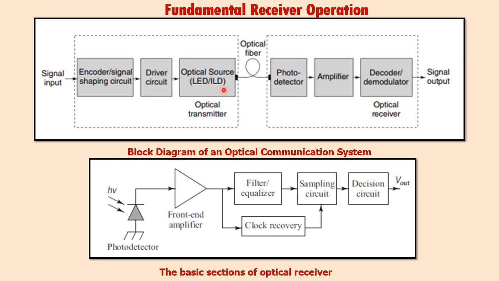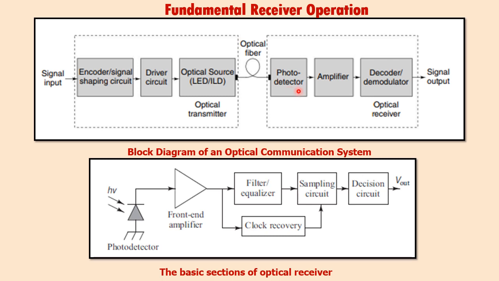Here we will be using either an LED or a laser diode as the optical source. The output of this LED is given to the optical fiber, and the other end of the optical fiber is connected to the photodetector. There are also different types of photodetectors, and in most applications we will be using the PIN photodiode or avalanche photodiode based upon the application.